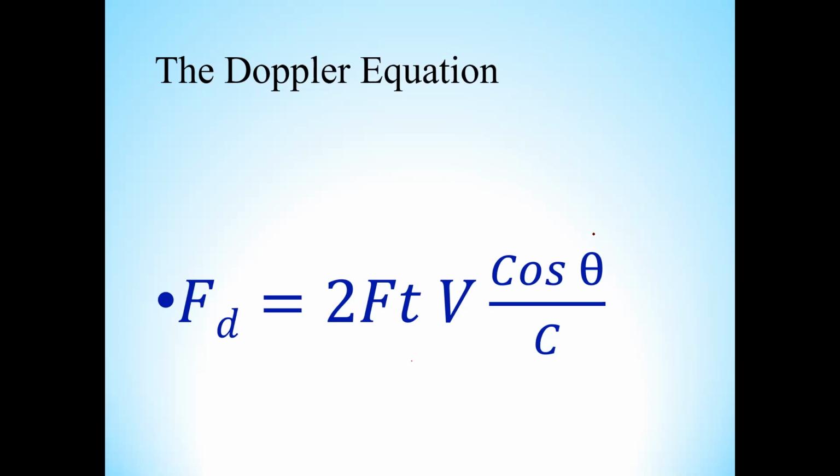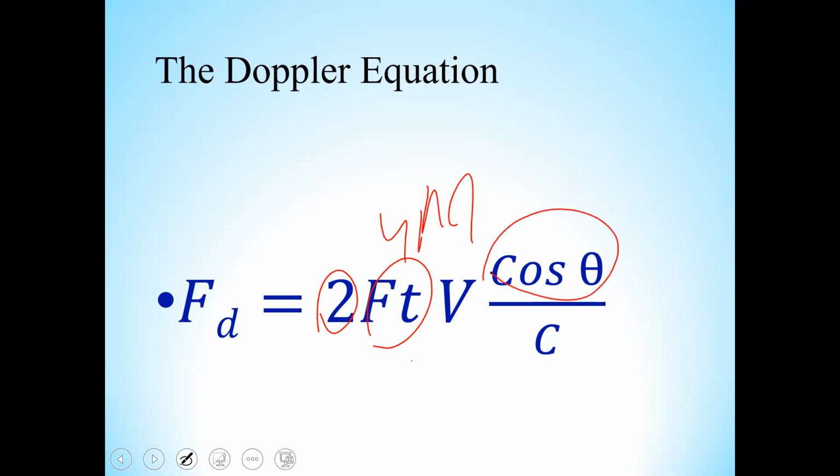And c is the speed of sound in the medium. Here you can see that all of these things are almost constant. 2 is constant, Ft is the transmitted frequency, that is constant. For example, we selected a 4 megahertz frequency, and that will remain constant.